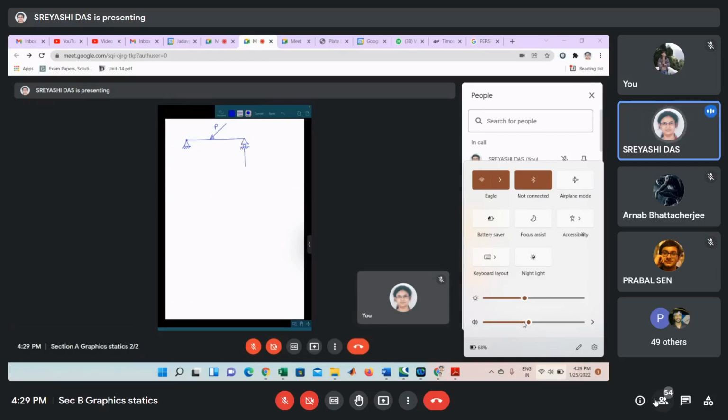Suppose this joint is 1 and this joint is 2. Here the reaction at 2 will be vertical, because here is a roller support. But at joint 1, whatever the reaction is, you don't know the magnitude or direction, isn't it?